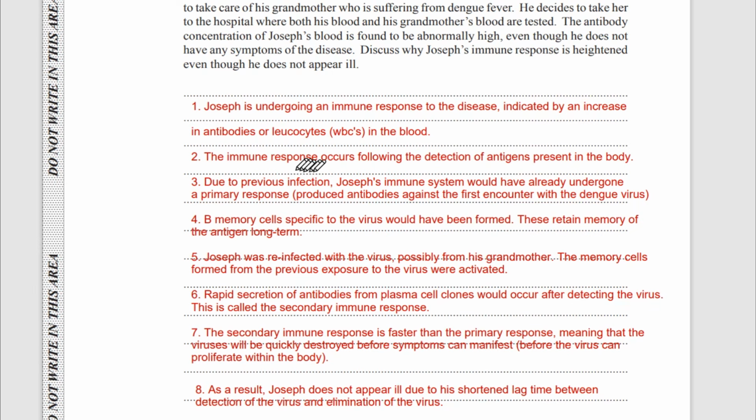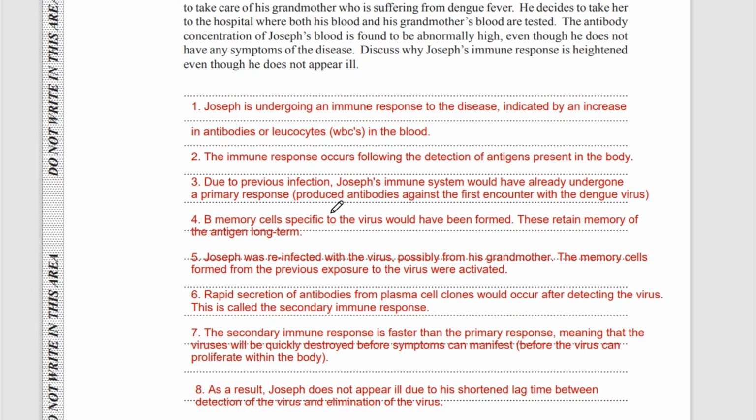Due to previous infection, Joseph's immune system would have already undergone a primary response. Which means that he would have produced antibodies against the first encounter of the dengue virus. Because he would have produced antibodies, there would have been some plasma cells and some memory cells produced as well. So his B memory cells specific to that virus would have been formed.